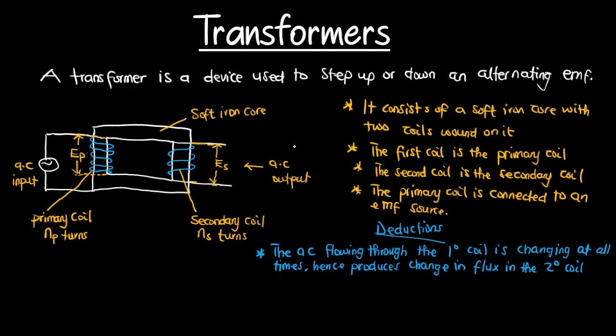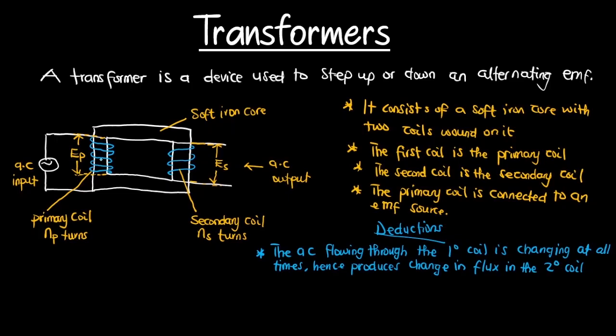Now another thing is the flux produced in the primary coil is proportional to the number of turns and the current moving through the coil. So if we look at the primary coil over here, the flux produced by the AC input, which is inducing another flux in the secondary coil, is proportional to the number of turns NP.